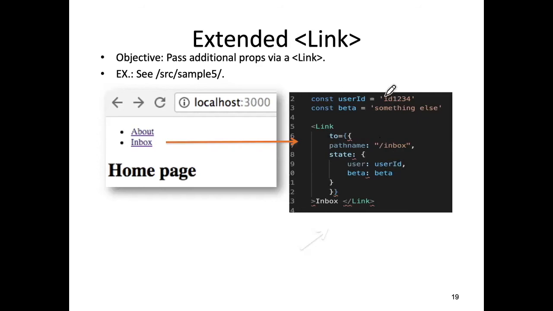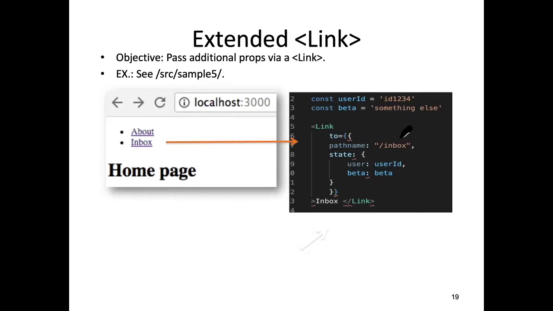Now I've hard coded them here, but presumably they would be computed in a real life situation. So the stats object has a set of key value pairs, and these key value pairs are going to be props that will be made available to whatever component is mounted as a result of the browser's URL changing to this.